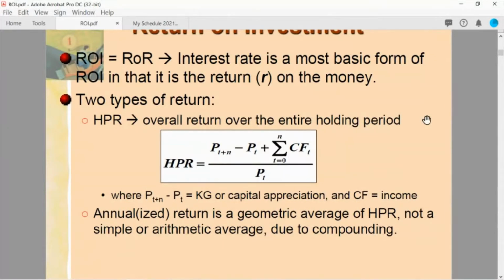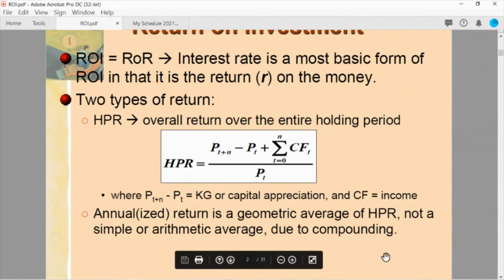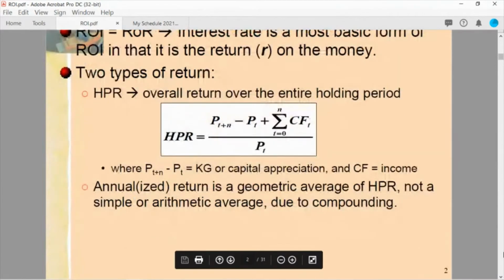In other words, what you do is 1 plus that monthly average, raised to the 12th power. That would be annual. And you might wonder why. Why is it 1 plus that average raised to the 12th power? That brings us to the next question.